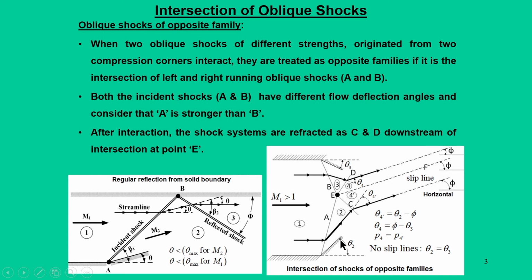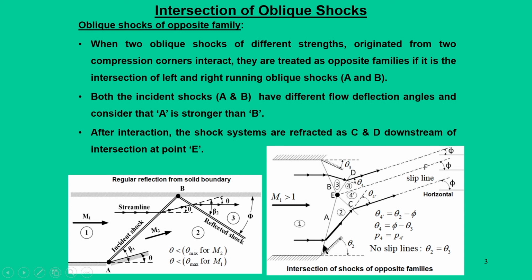The lower one is at angle theta 2, the upper one makes an angle theta 3. So, from the oblique shock point of view, both are incident shocks, there is no reflected shock, and they occur on these compression corners. One is with respect to angle theta 2, the other with respect to angle theta 3.